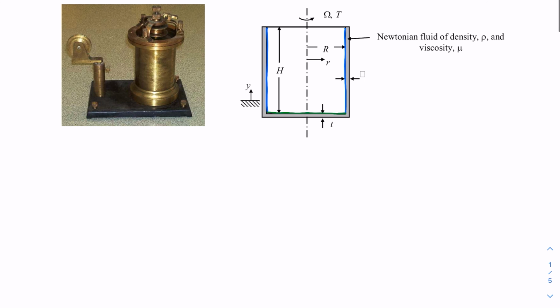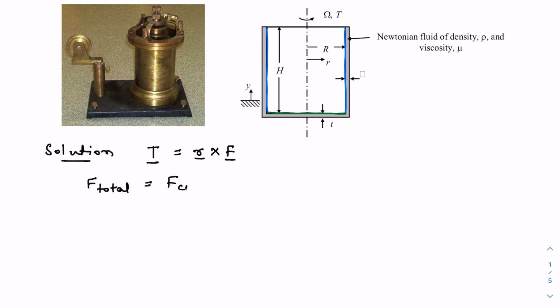So to find out the torque, we know that torque is R cross F, where F is the force. So to find out the torque, we need to first find out the forces acting on the cylinder at different locations. So we can divide the total force acting on the cylinder into two parts.